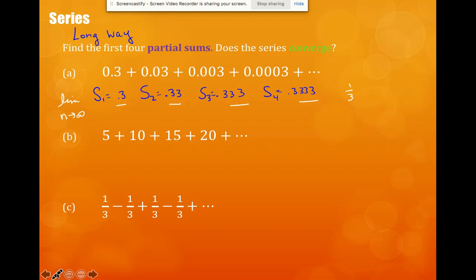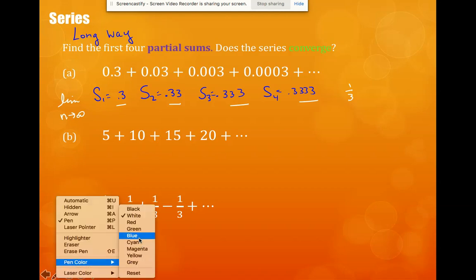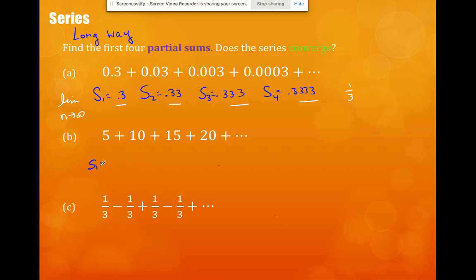What about the next one? Can you see what's going to happen there pretty quickly? The sum of the first is 5. The sum of the first two is 15. Now I have a formula to do it, but these are simple enough to just add, right? 15 plus 15 is 30. 30 plus 20 is 50.